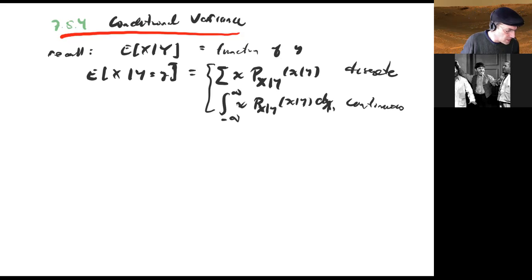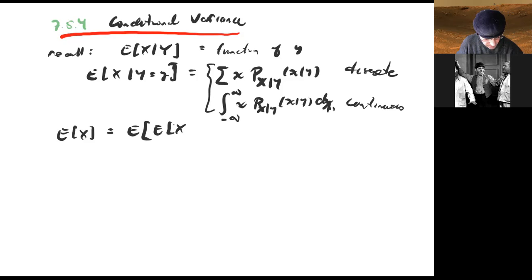Okay, so that's what it is. And we also know from what I did last time that the expected value of x can be recomputed as the expected value of the expected value of x given y. x given y is a random variable.